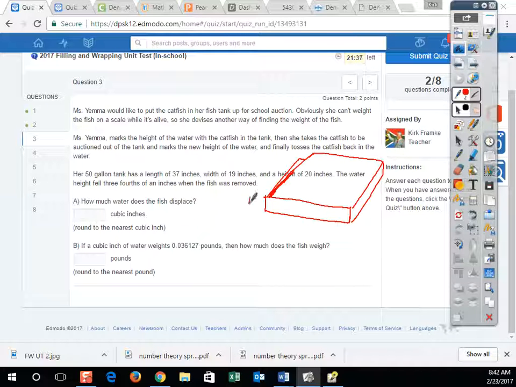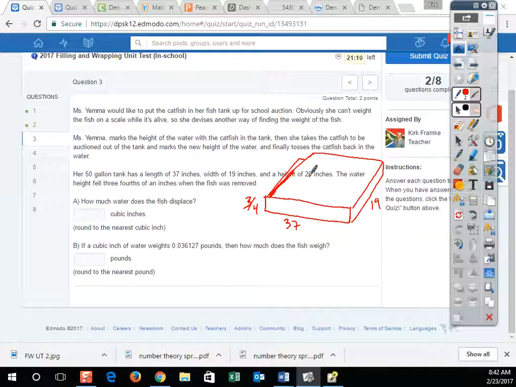And so we have 3/4 of an inch high. And then we also have a length of 37, a width of 19. And the height in this case is just extra information, because the height of the water that was displaced was 3/4 of an inch. So now it is time to figure out the cubic inches.